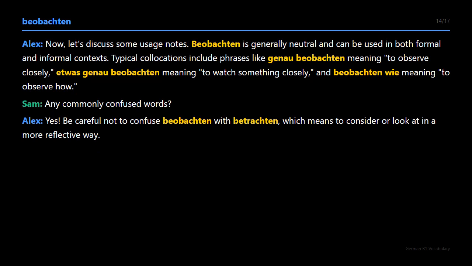Beobachten is generally neutral and can be used in both formal and informal contexts. Typical collocations include phrases like genau beobachten, meaning to observe closely, etwas genau beobachten, meaning to watch something closely, and beobachten wie, meaning to observe how.